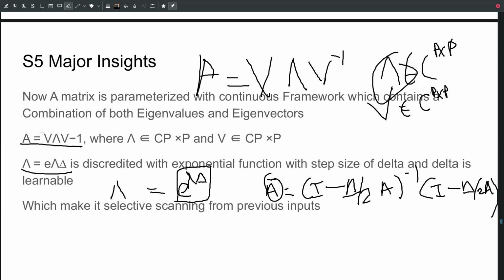So how they say it's selective is because when you are discretizing, the discrete parameter is a hyperparameter, or initialized first. But in the case of S5, they made the delta parameters a linear layer or some kind of learnable function.